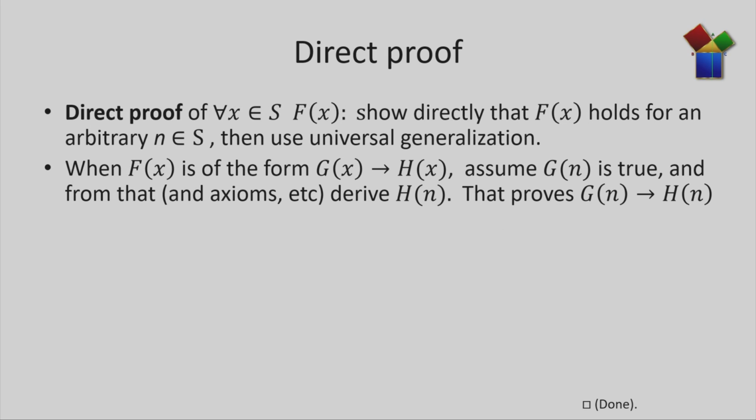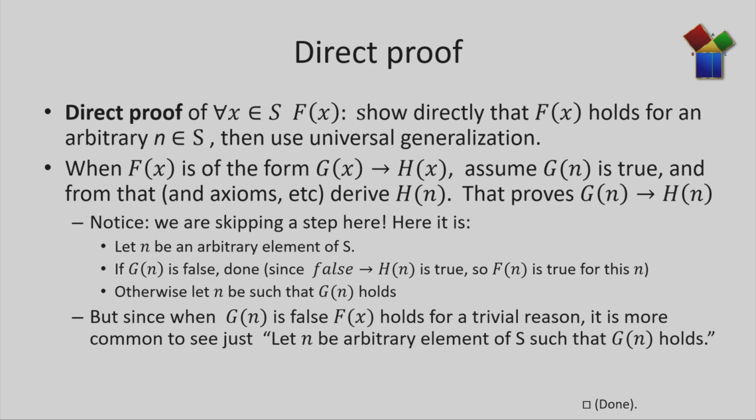So one special kind of direct proof is when your f of x is of the form something implies something. And in this case, we actually shortcut and we skip a step. Or should I say, a lot of the time when people prove statements like this, they shortcut and skip the step.